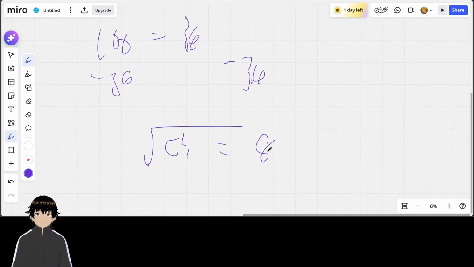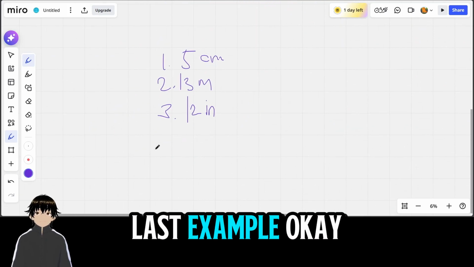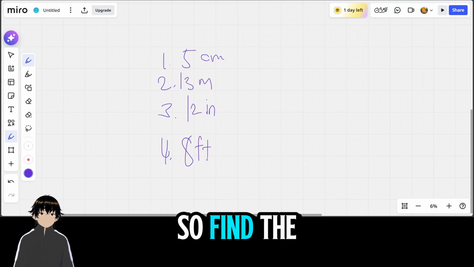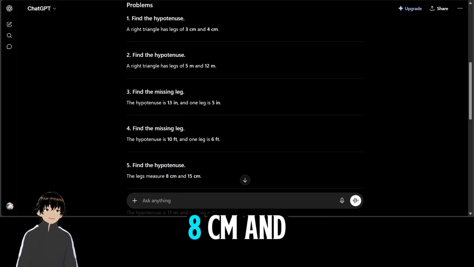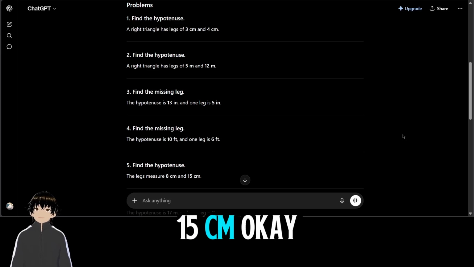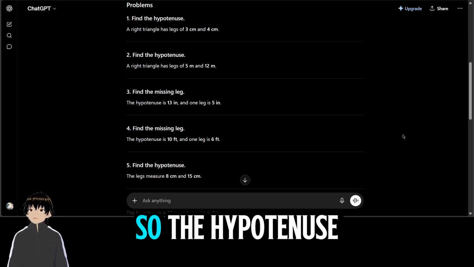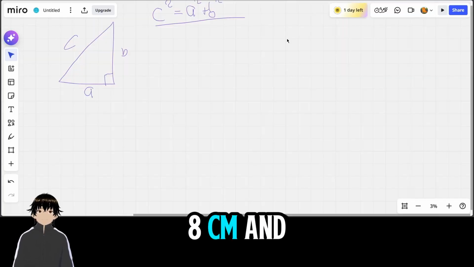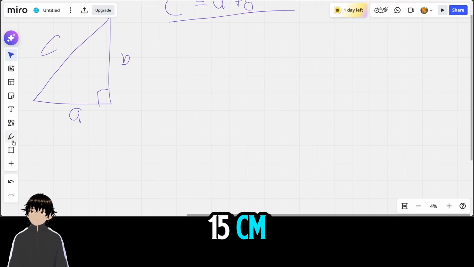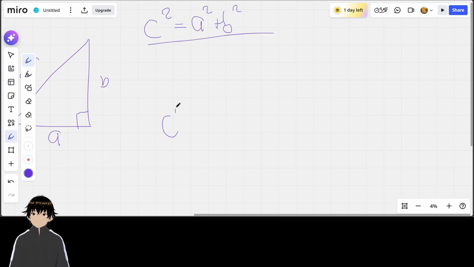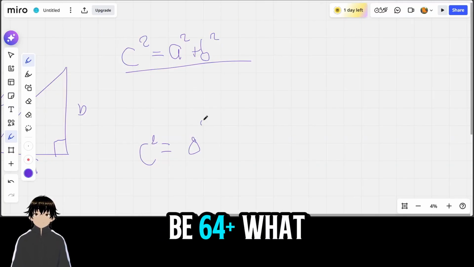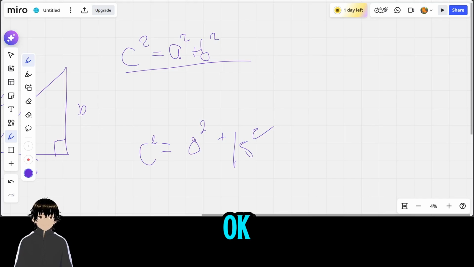This is going to be our last problem that we're going to solve. Find the hypotenuse. The legs measure 8 centimeters and 15 centimeters. So 8 squared is going to be 64 plus, what is 15 squared?